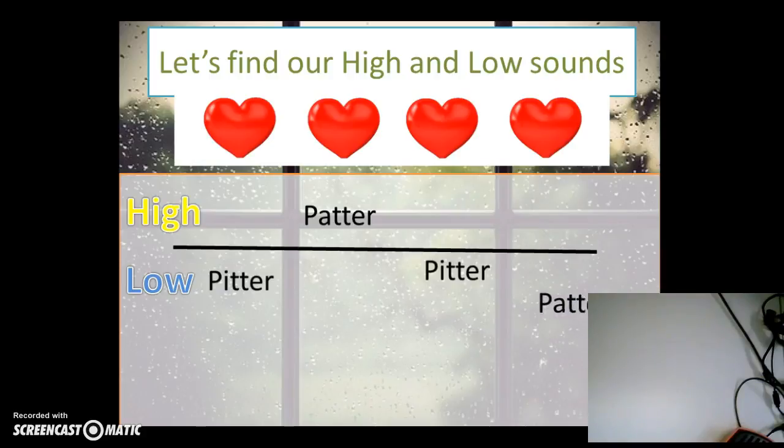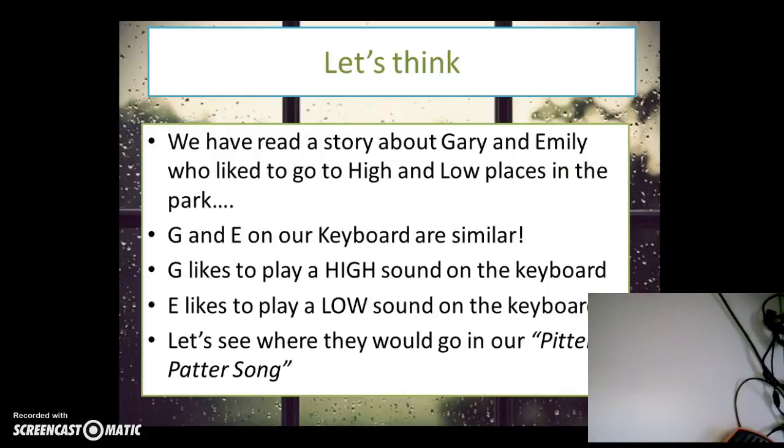Good, it's a high sound. So when we look at the very first part of verse 1, it sounds like this. Pitter, patter, pitter, patter. Or low, low, high, high, low, low, high, high. So sometimes our songs don't always have to start on high. They can also start on low like we see with pitter, patter.